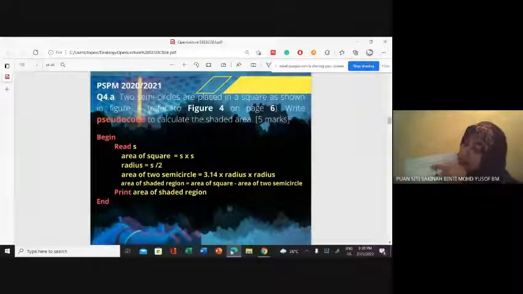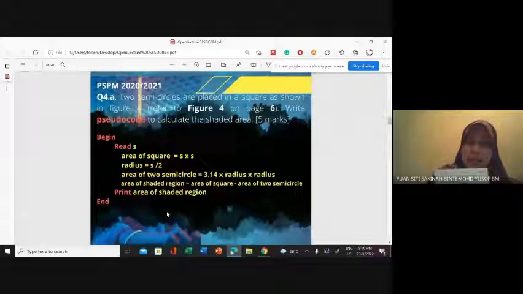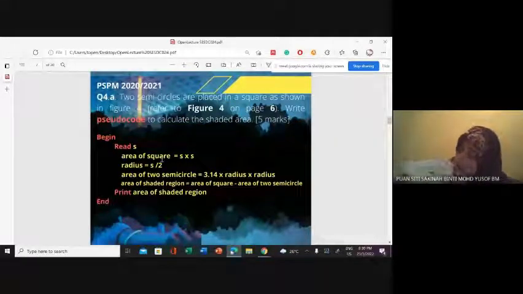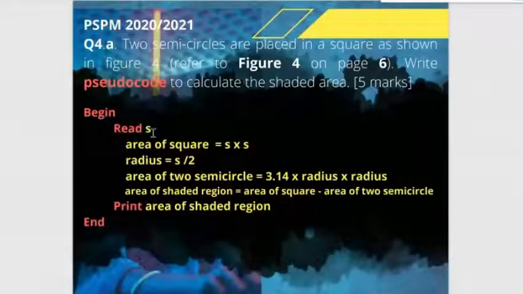Since this is a square, you should know that the formula used here is area of square. And after that, since it involves two semicircles, you should know that the input must be something related to the circle.